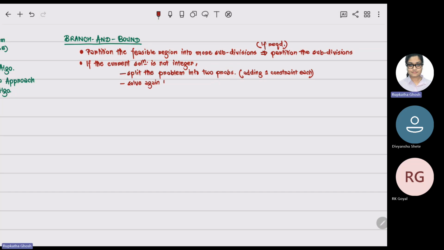So you repeat till you get an integer optimal solution. So basically your BNB solver will use this approach.